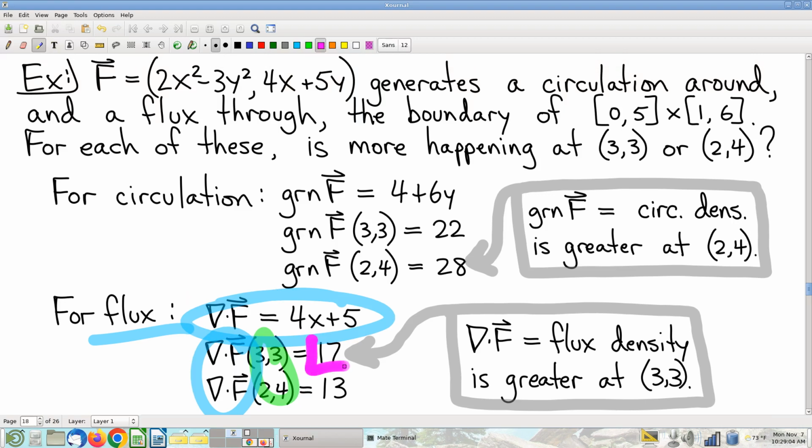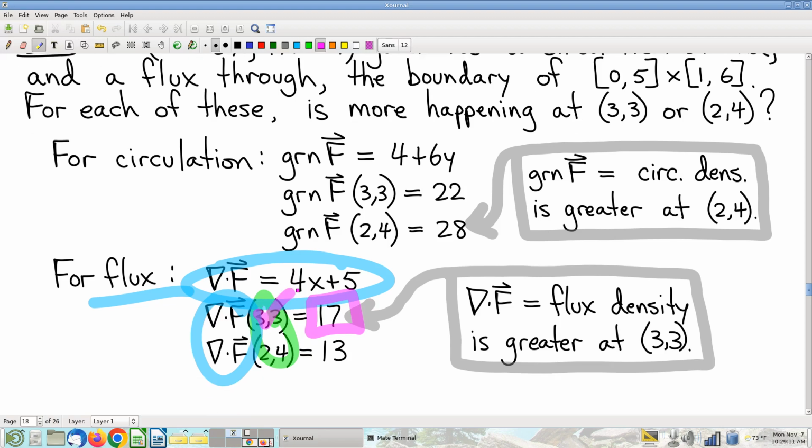Well, that's the greater of these 2 divergences that I computed. So at the point (3,3), that's where the flux density is greater. Said differently, between these 2 points, (3,3) is contributing more to this boundary flux that I might have computed than (2,4) is.